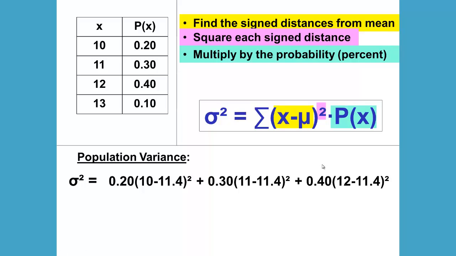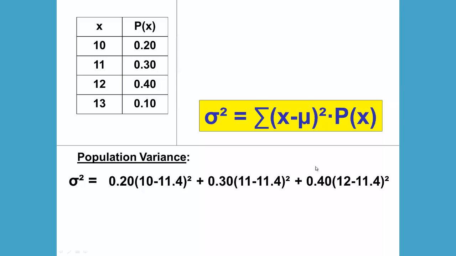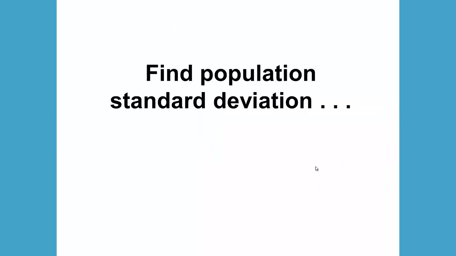Multiply by the probability or the percents, and then add together. So the 4 steps are shown in the one formula. If you remember your 4 steps, finding the variance will be much simpler. Does this match what we did before? Yes, and the answer to this calculation is 0.84.